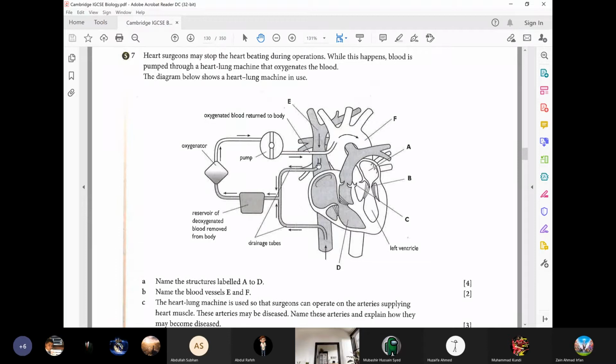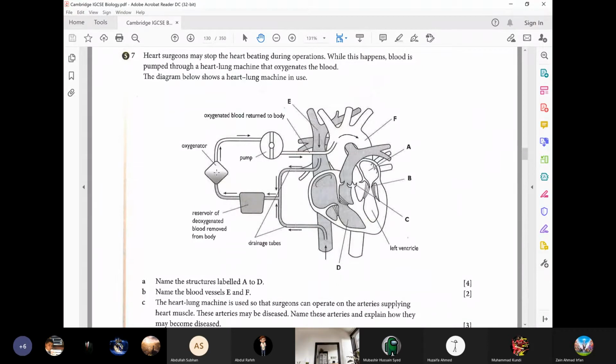Now, what do they look at here? This is the superior vena cava, this is the inferior vena cava. They take the blood from both of these blood vessels, and the blood is collected over here in this machine. This is called the reservoir. Then the blood from the reservoir goes into this portion of the heart-lung machine, this part of the machine, which oxygenates the blood.